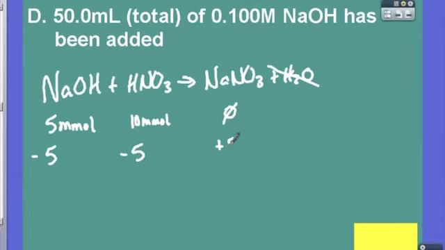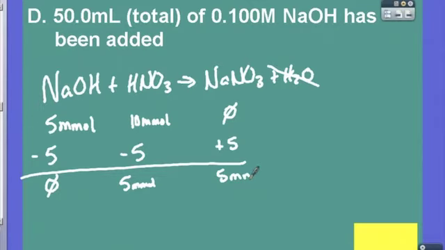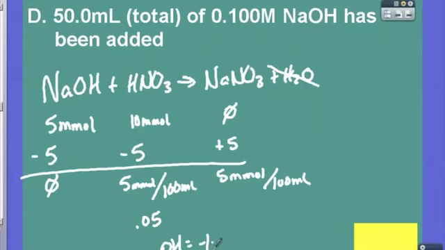Reacting them, we have 0, 5, and 5 millimoles left. Divide by total volume, which is 100. So we have 0.05. And then our sodium nitrate, again, doesn't matter. So negative log of 0.05 gives us a pH of 1.3 now. So pH is increasing, just not very much each time.